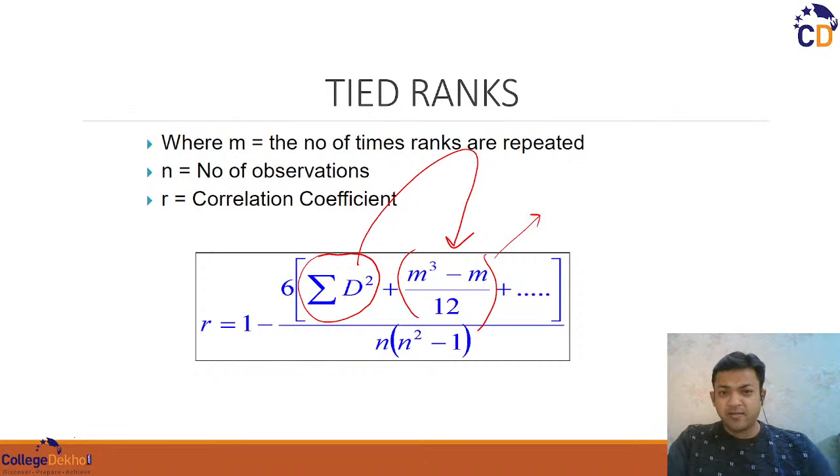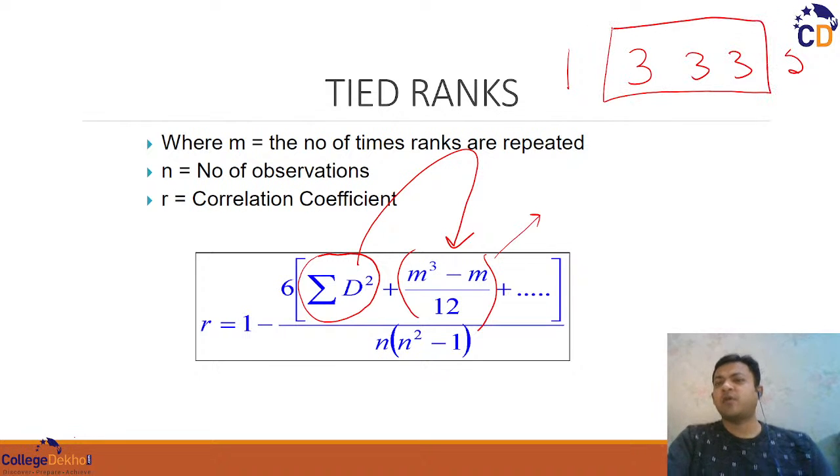Let's take a simple example to understand. Let's say our tied ranks were 1, 3, 3, 3 and 5.